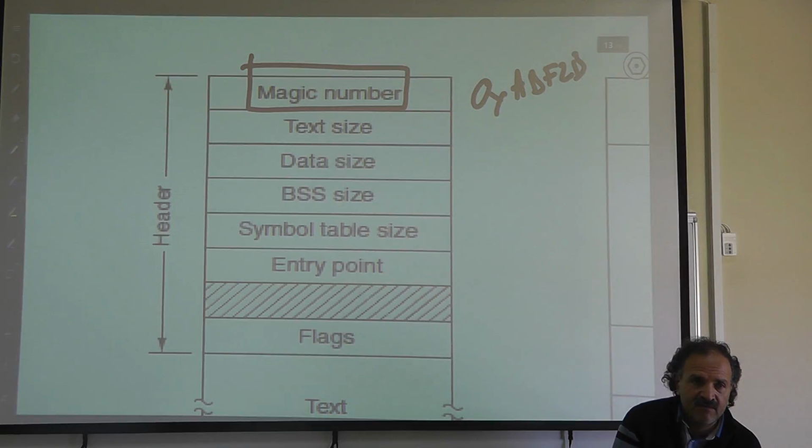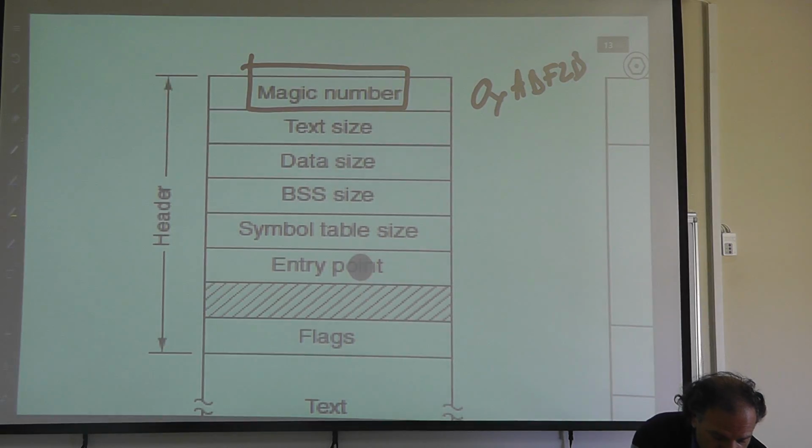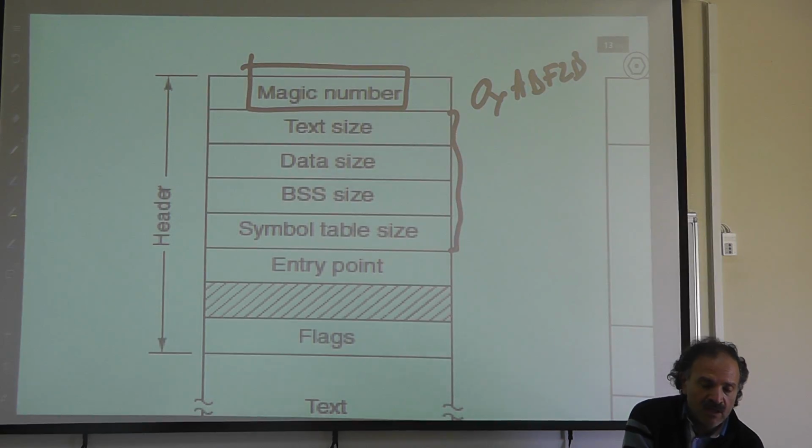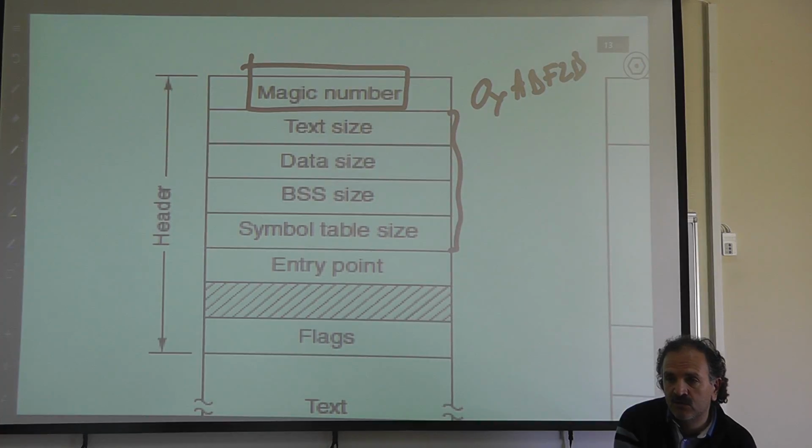Entry point is where the program should start the execution. This is called entry point. So by looking at all these size numbers, the operating system immediately knows how much memory it should allocate initially for this executable program. Okay?